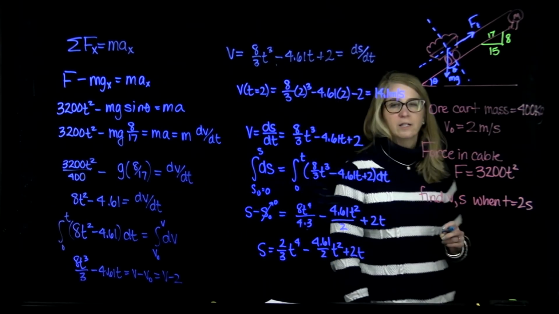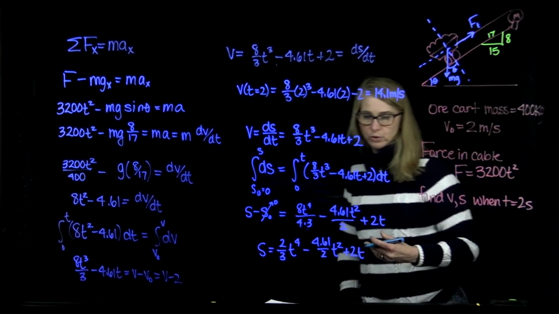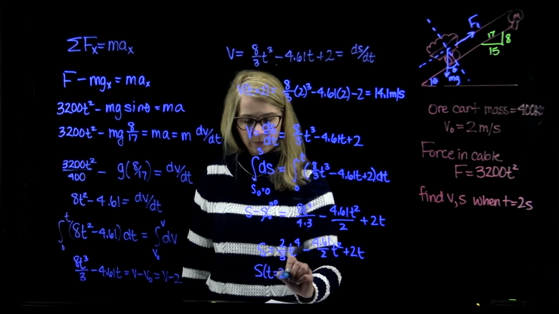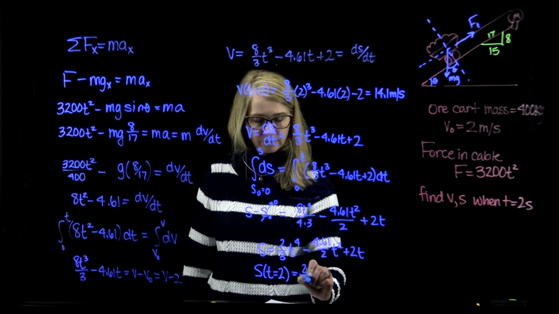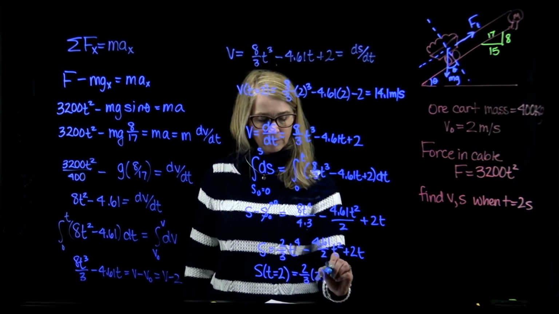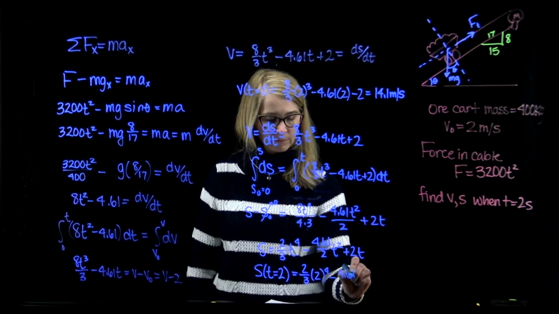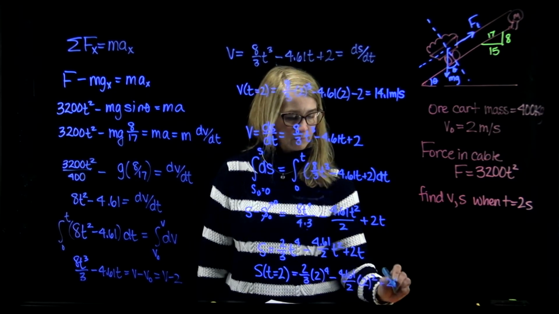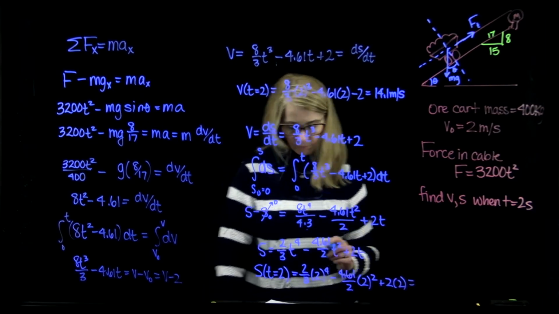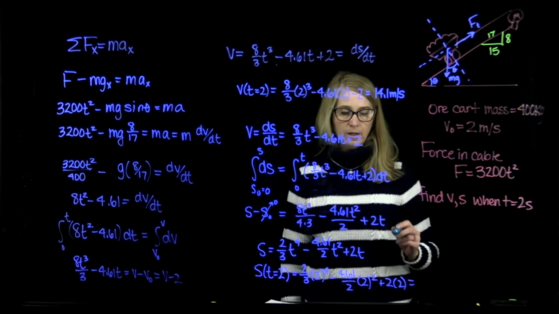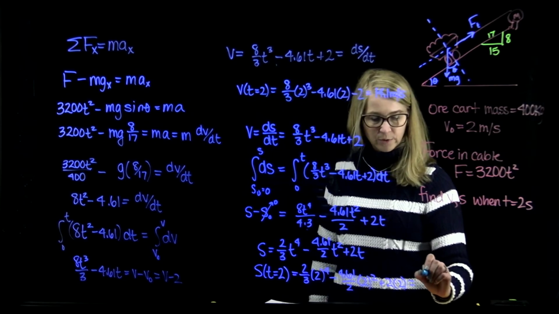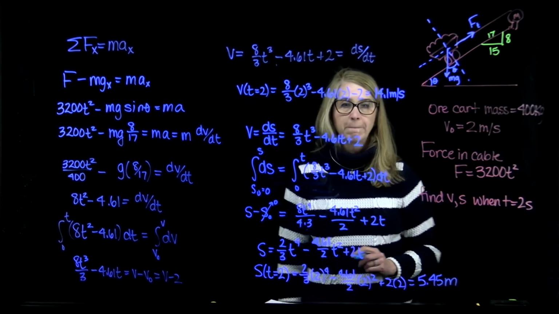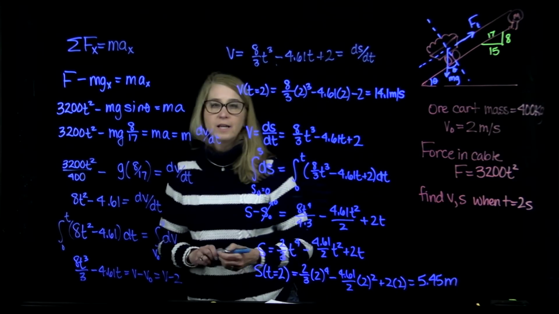And so I can evaluate that at t equals 2 seconds. And that's my last thing that I need to do. And when I calculate that, I find that the position is 5.45 meters. And so that's the example.